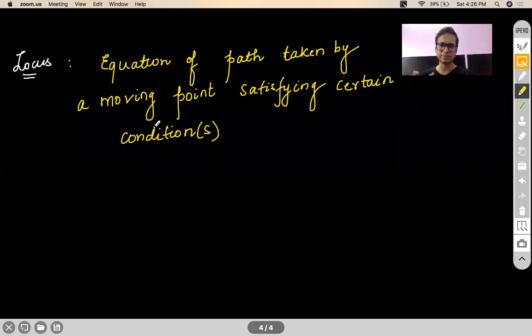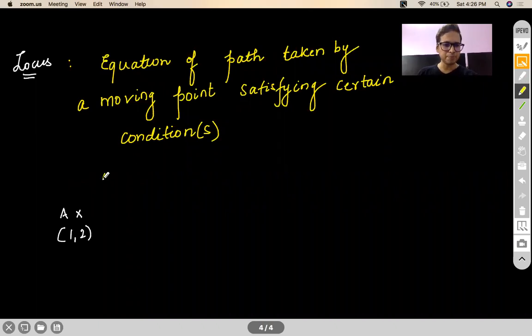To give you an example, let us say I have a fixed point, let me call it A, at (1, 2), and there's a moving point, let me call it point P. This point is moving in such a way that this distance is always 1 unit.